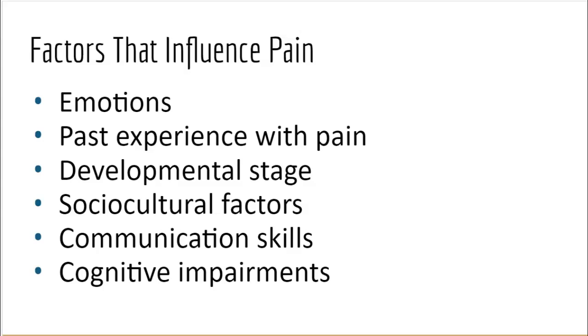Communication and cognition. We know that some older adults may be unable to report pain because of cognitive impairment. Often their discomfort is evident only in nonverbal cues, such as grimacing, rapid blinking, labored breathing, altered gait, or decreased activity. Although people with dementia might not appear to be experiencing pain, there is no evidence that they have less pain than others.